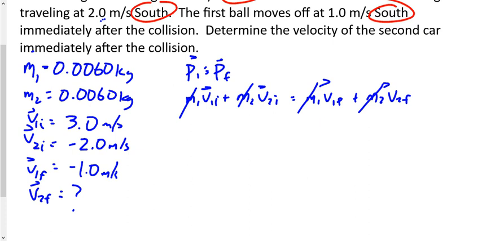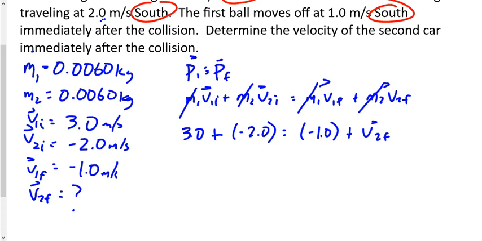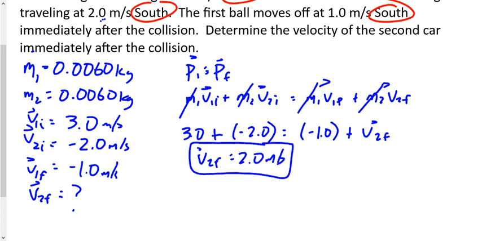It has to be the same value in every term. V1I is 3.0, V2I is negative 2.0, V1F is negative 1.0, plus V2F. 3 plus negative 2 is 1. Take the 1 over by adding, and I get 2.0 meters per second.